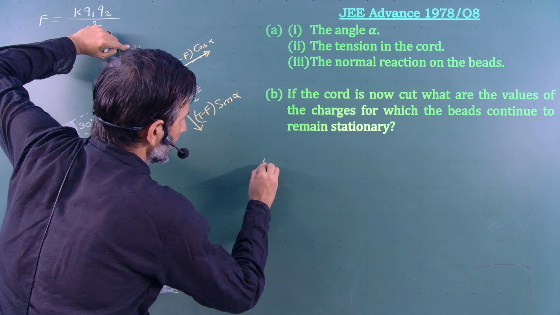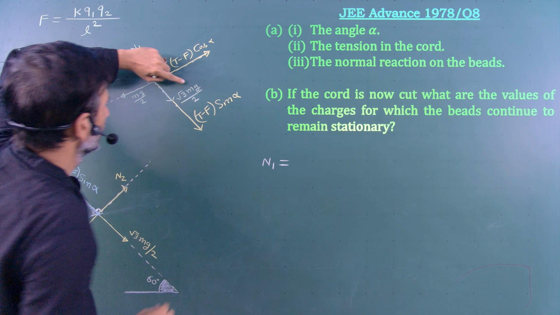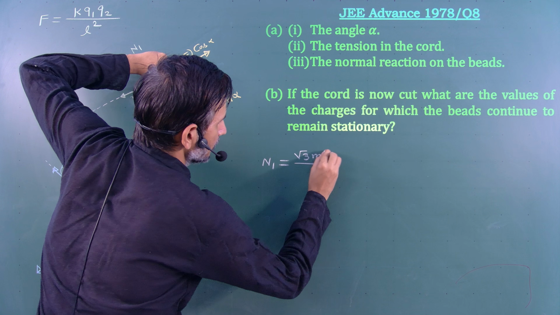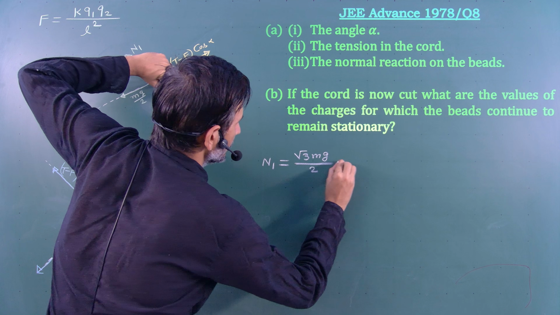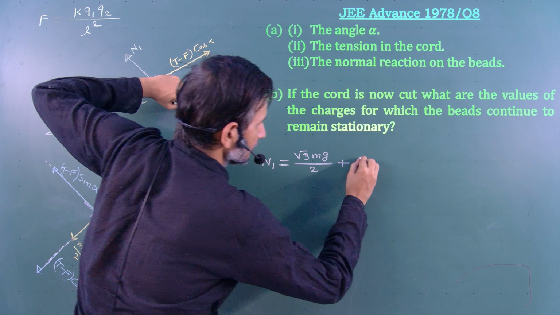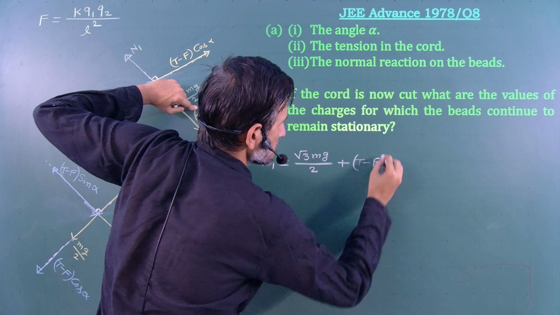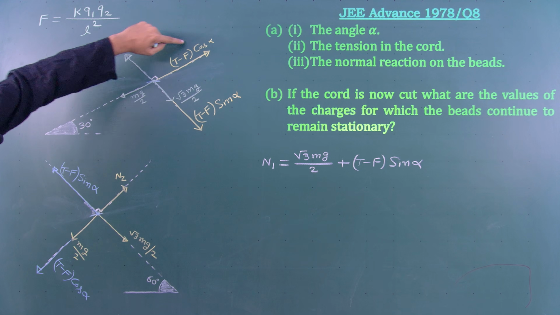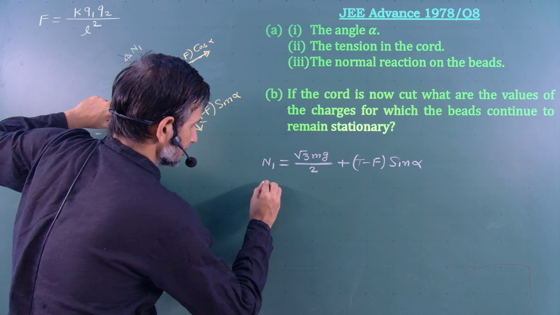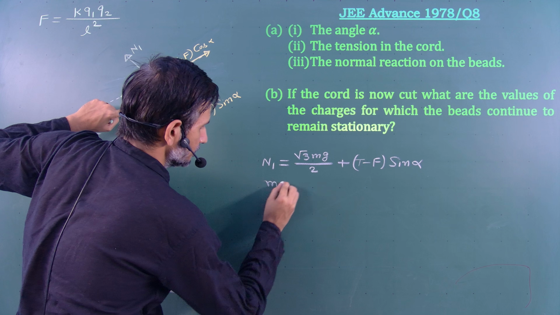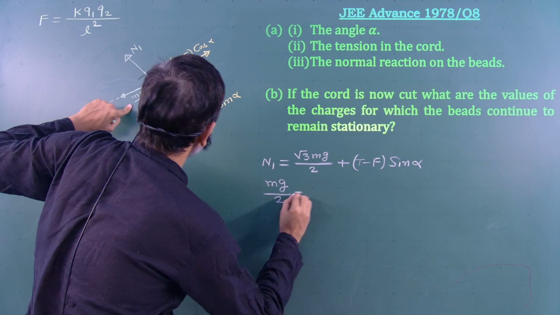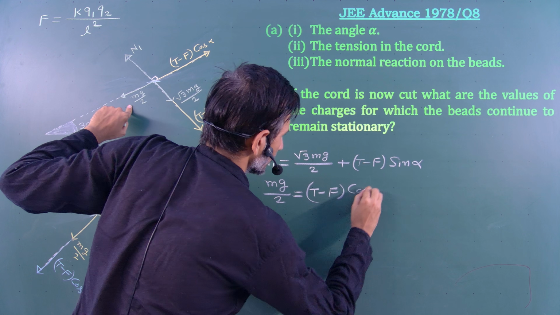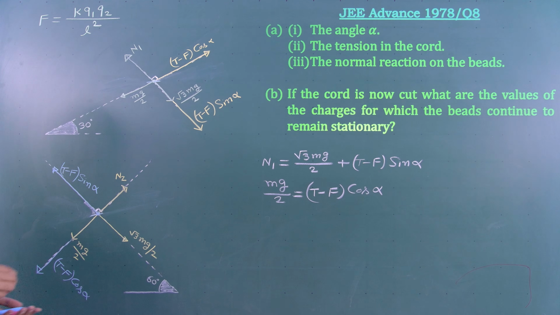N1 equals √3 mg/2 plus (T − F) sin α. Okay, this part is equal to this: mg/2 equals (T − F) cos α.